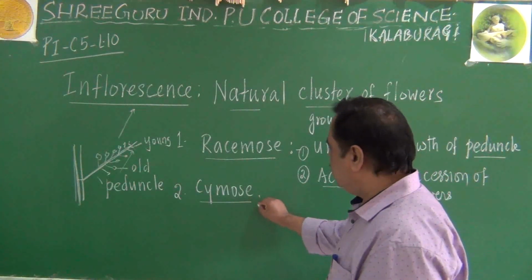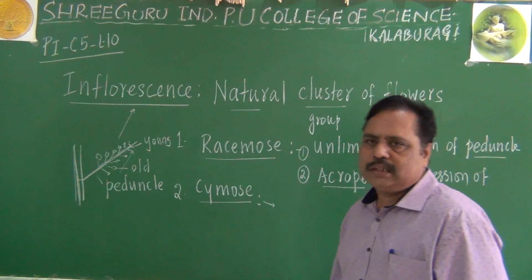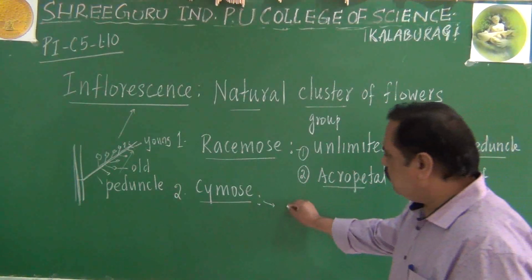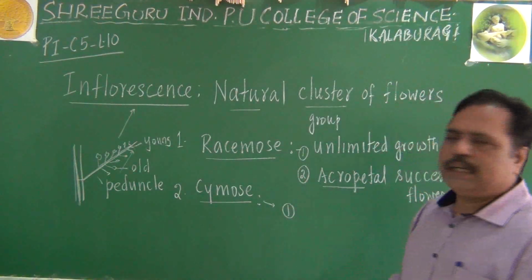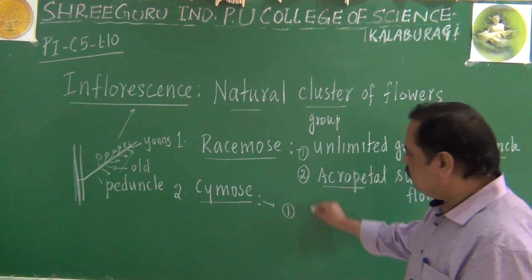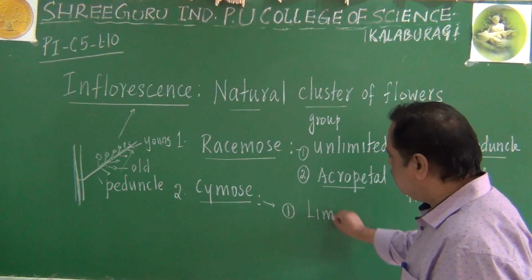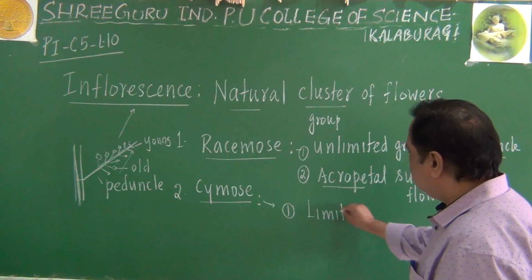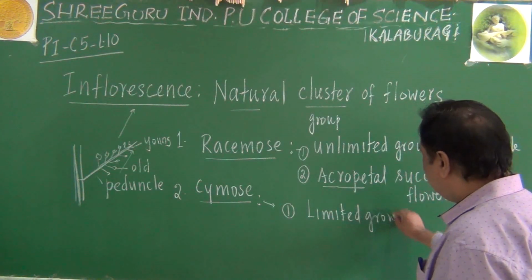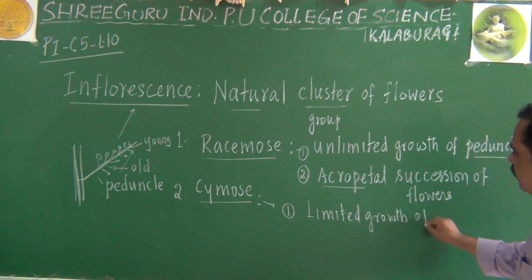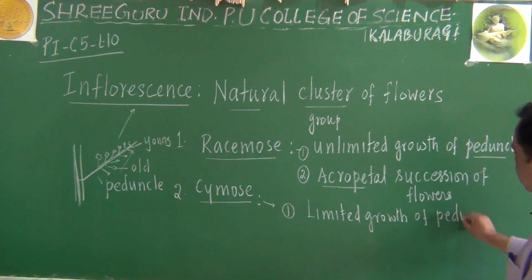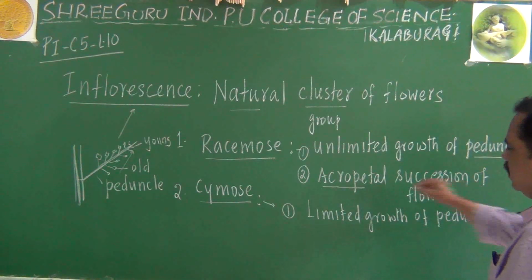The second type is known as cymose inflorescence. Cymose inflorescence has two characters. The first one is that it has limited growth of the peduncle.